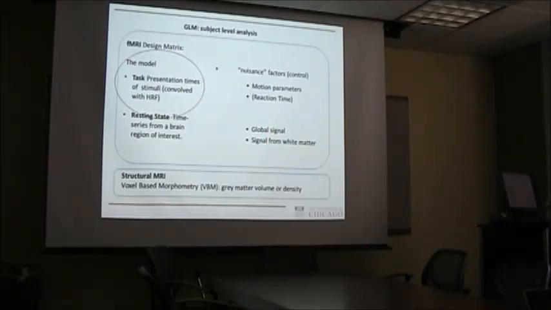So for instance, instead of saying I want to see how one voxel fits the presentation of faces or houses, you could say I want to see how well a voxel fits the time series of the amygdala, and in that sense it means how strongly these regions are correlated, or how strongly they are connected. So in a resting state analysis you could do a similar thing as in task, but not to model the task response, but to model the connectivity.